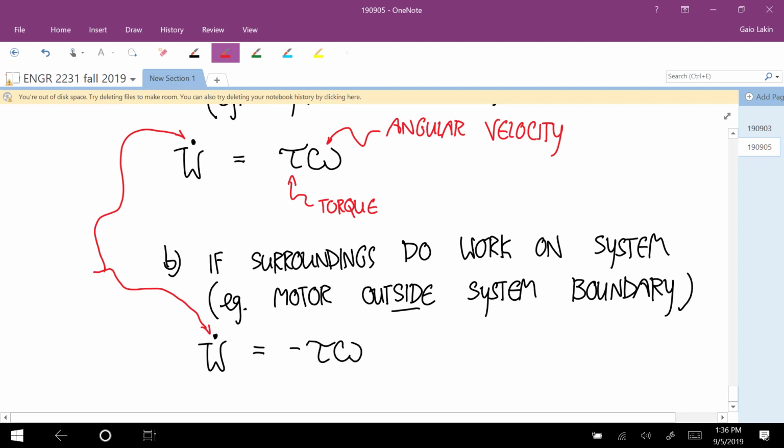So when we were talking about the work done by expansion of a gas, it gave us an amount of work. This is the rate at which work is done on the surroundings.